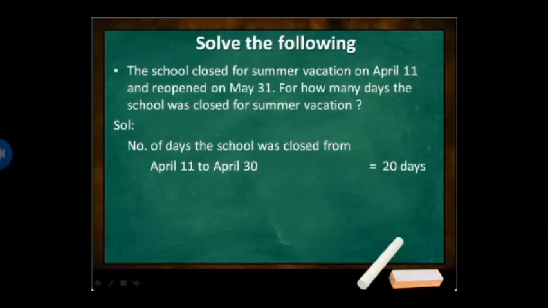Now the school is closed for summer holidays from 11th April and it reopens on 31st of May. So how many days was the school closed for summer vacation? Now the number of days closed for school from April 11th to April 30th is how many days? When you calculate it, it comes to 20 days.